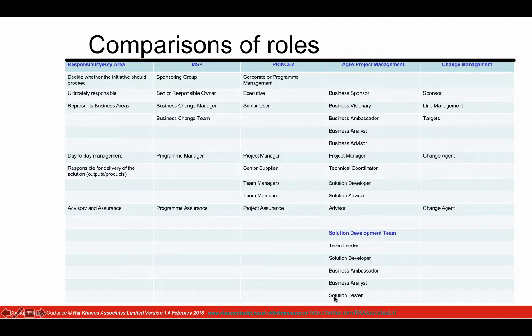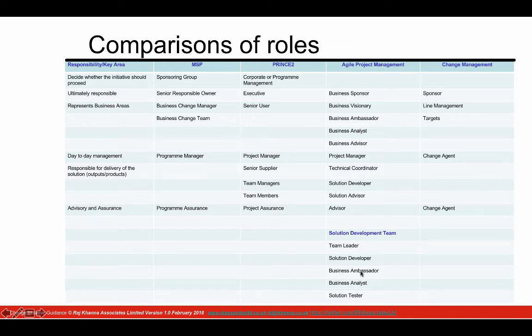Now within Agile, we have something called the solution development team, which in organizations are referred to as workstream leads or work streams. And those work streams, or the solution development team here, have a number of roles that work together collaboratively, almost on an everyday basis.